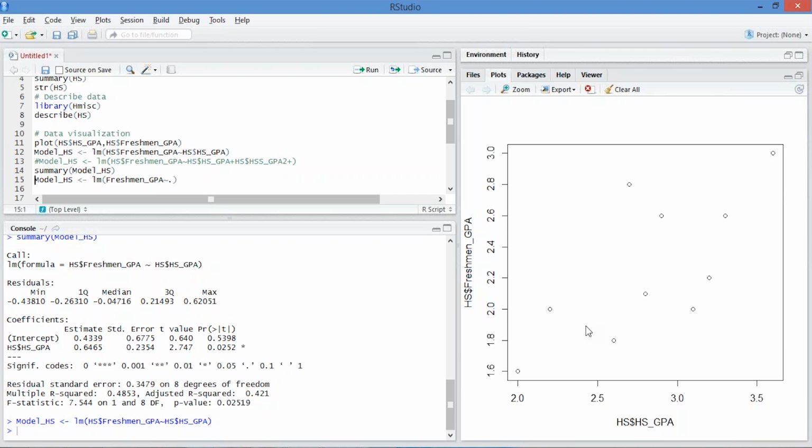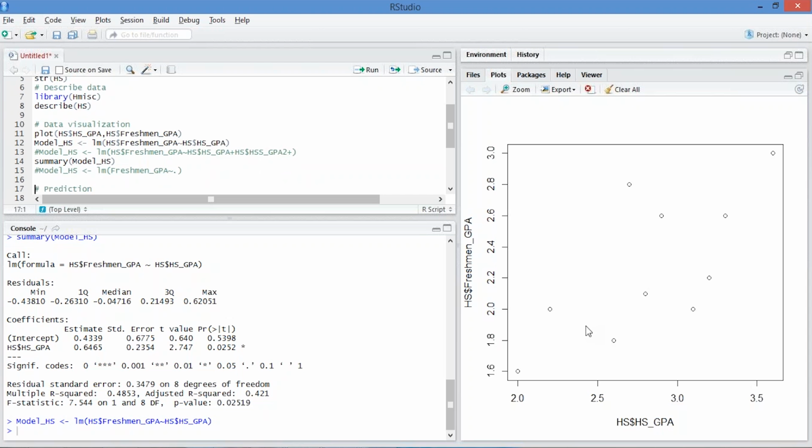This also is possible, right? If I want to take care of all the variables, it will take all the independent variables. Instead of defining each and every independent variable, all the ones following the tilde will be considered for this model. If I have 5 variables, I put one before the tilde operator, and the rest of them will be independent.